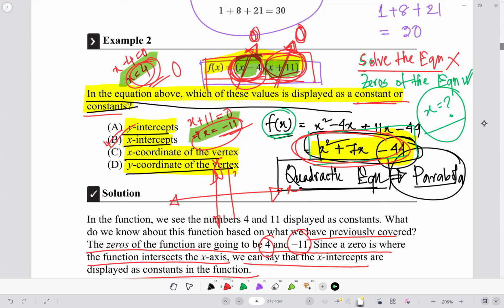So x equals 4 is this red line, and x equals negative 11 is this violet line. These points are basically the x-intercepts. Do you get it?